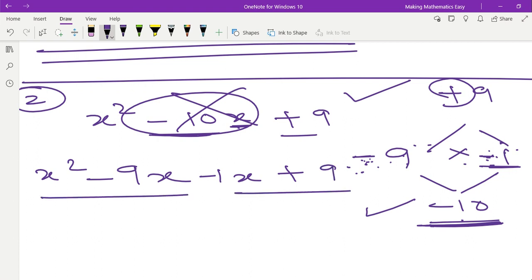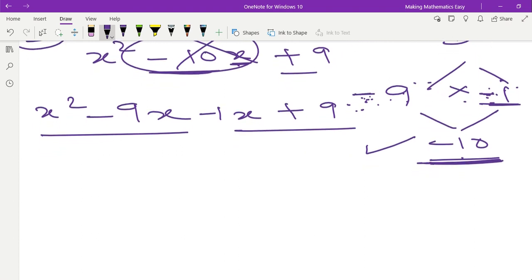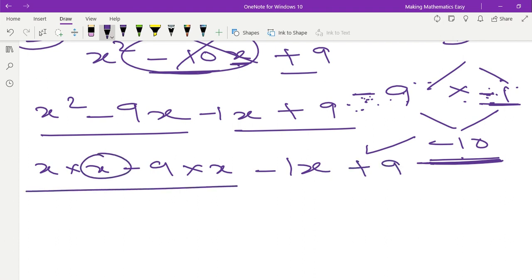Now what I need to do is bring the common factor outside the bracket. So x square is nothing but x into x, 9x is nothing but 9 into x, 1x is nothing but x, and this is plus 9. Now we need to take the common term outside. So x is common, so what is remaining over here is x.